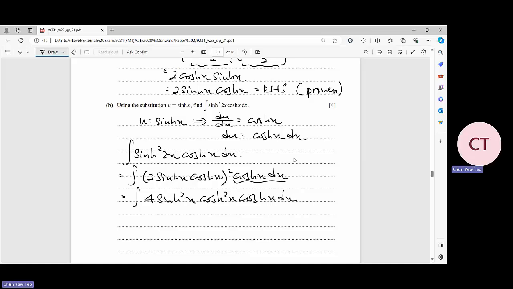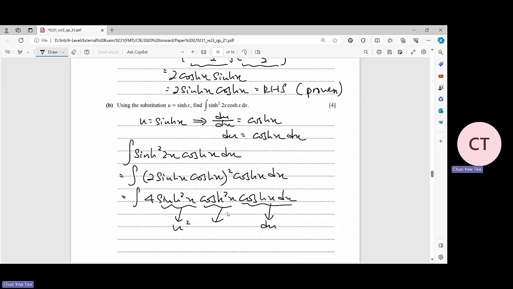So you can see that this one, I still keep it in this way. I don't plan to combine together become cosh cube. I just leave it as a cosh x dx because I am ready to make this become du. So now you can see that this will become a du, and this will become a u square.